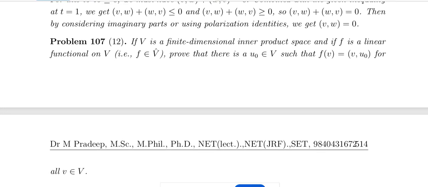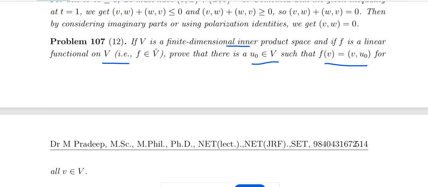And V is a finite dimensional inner product space and F is a linear functional on V, then there is a U0 belongs to V such that F of V equal to the inner product of V, U0.